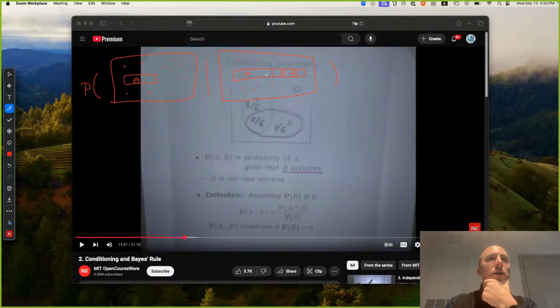So now the way we look at it is, we ignore all this stuff, which is not A, and we focus our attention just on this slice here. This becomes our new thing, we're completely focused on this little thing now.